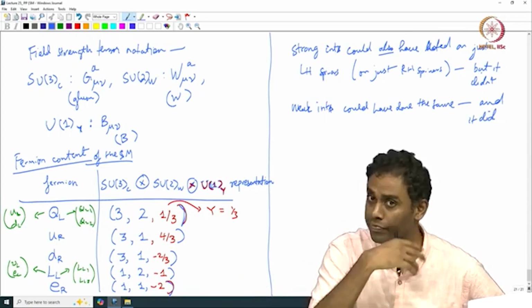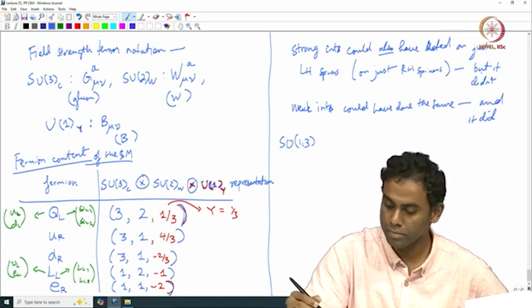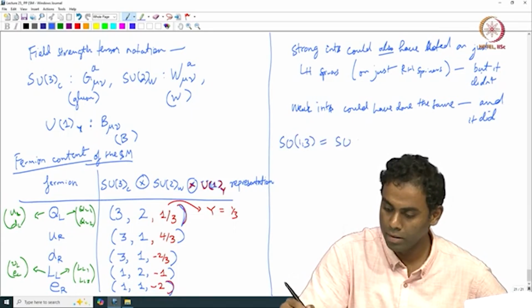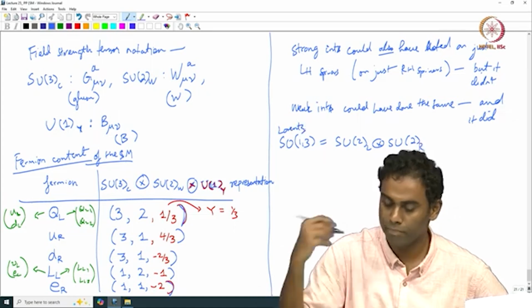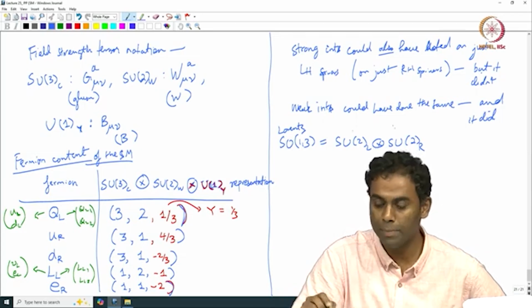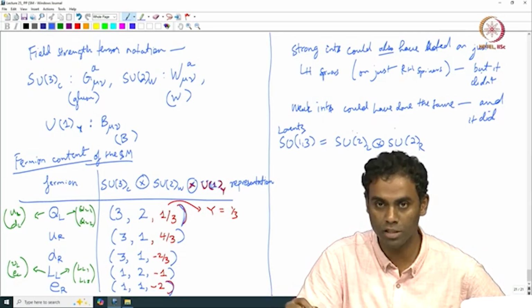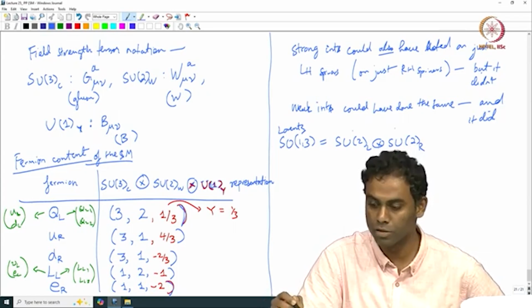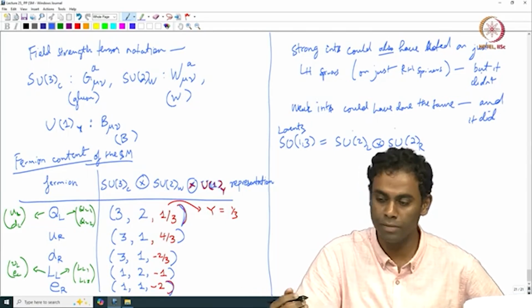Remember why? Because when you broke down the SO3 into these two, this is a Lorentz group, right? The left-handed and right-handed SU2s, they both were independent representations of the Lorentz group, correct? Under which you charge the spinors. So absolutely you could have charged only the left-handed or the right-handed ones with some interaction.